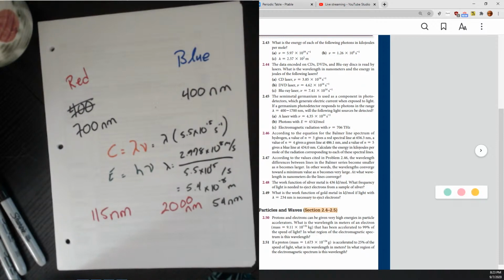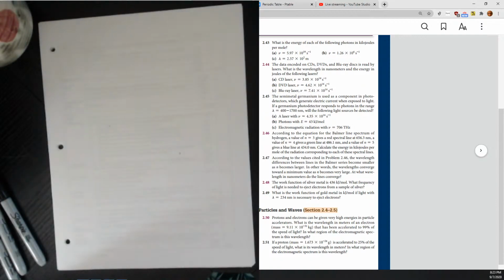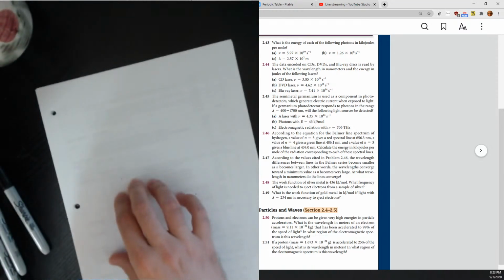Megahertz is a higher frequency than kilohertz. Well, 99.5 megahertz is bigger than 1.15 megahertz. So the FM radio has the higher frequency, therefore higher energy. Calculating the energy is rather straightforward. We're going to be using the Einstein equation, but we're out of room on that particular page. So, where's my purple pen? There it is.